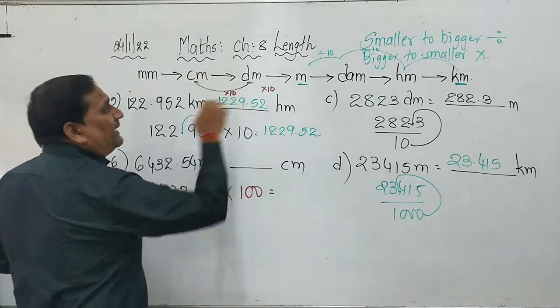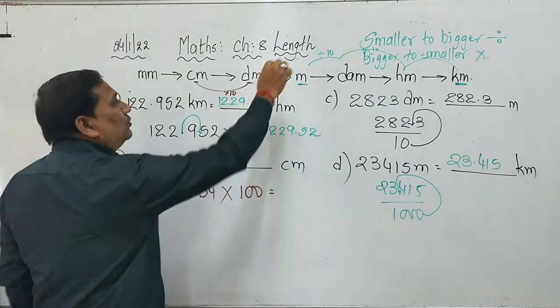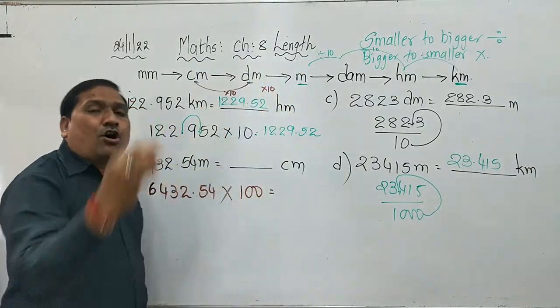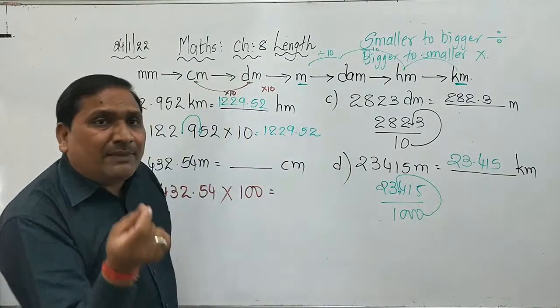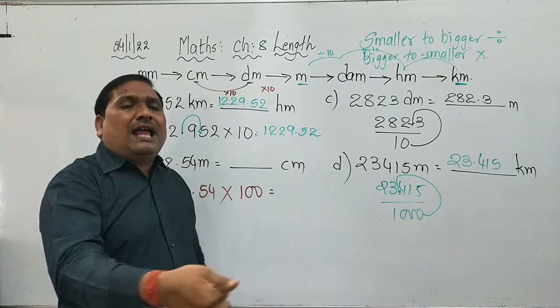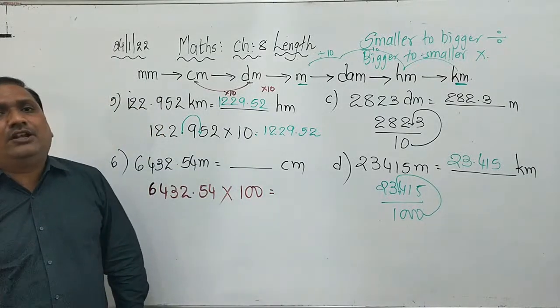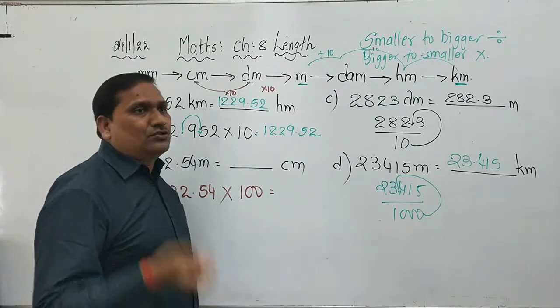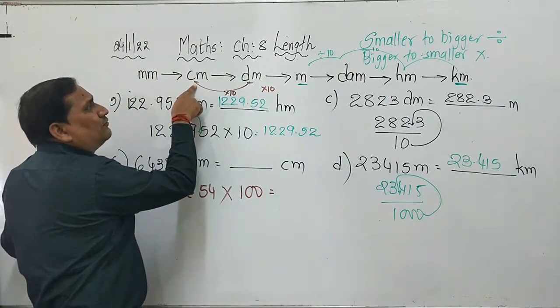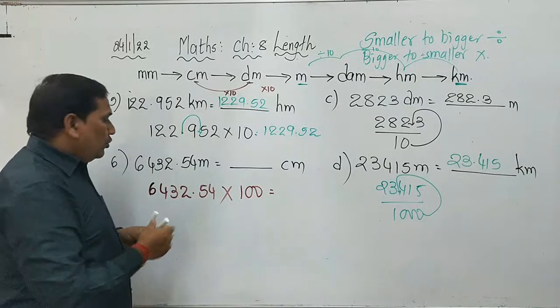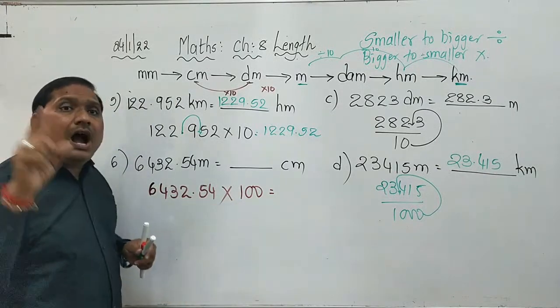I should not multiply by 10. Why? Because centimeter is not the very next unit after meter. First in between comes decimeter, and then from decimeter we will go to centimeter. So the next one is centimeter. So multiply by 100.